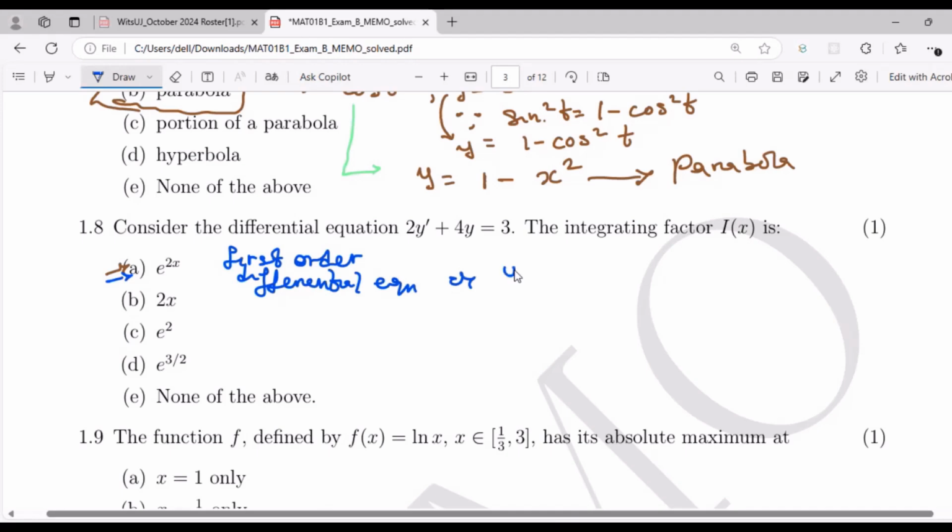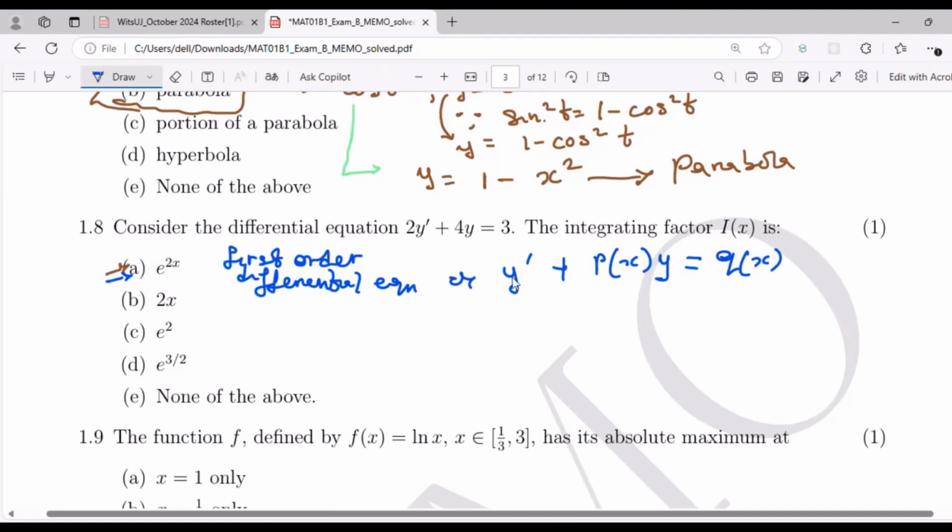The representation is y prime plus p of x times y plus q, which is then equal to q of x.